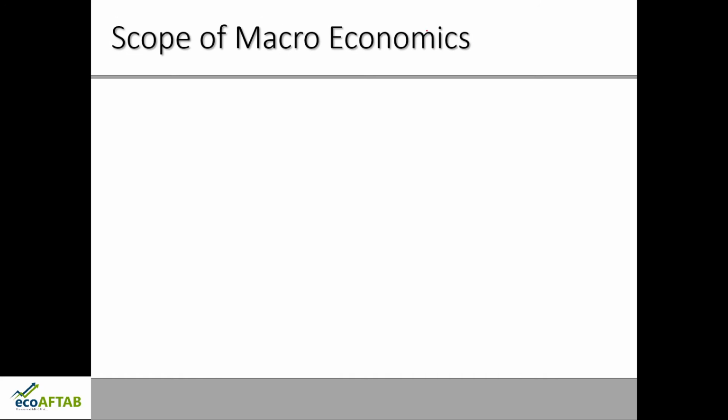Going ahead, in macroeconomics, what are the things that we study? We study the theory of income: how the aggregate income is generated, how the output is produced in the economy, what the level of employment is, and what the level of unemployment is. All these three things, income, output and employment, most of the time move together.